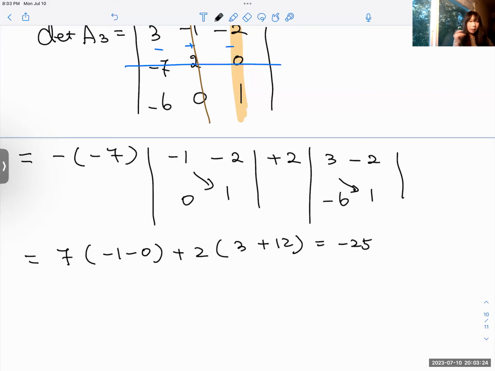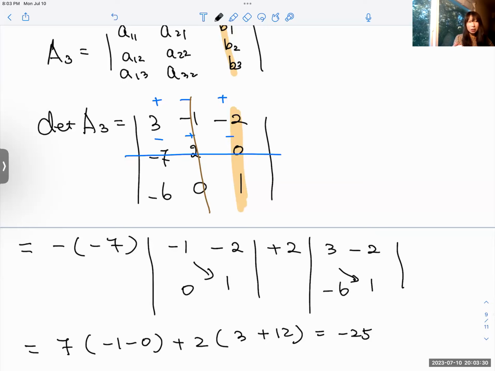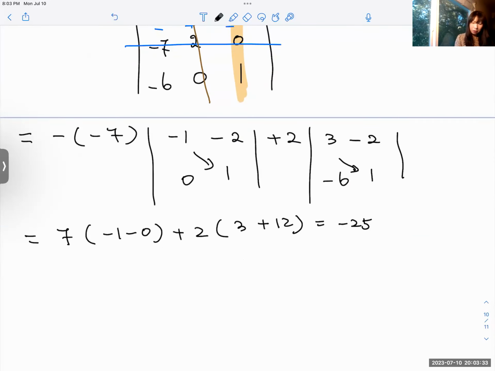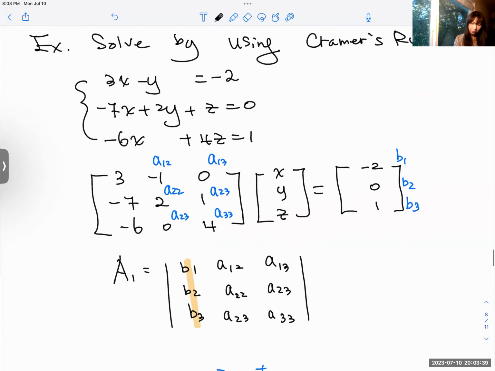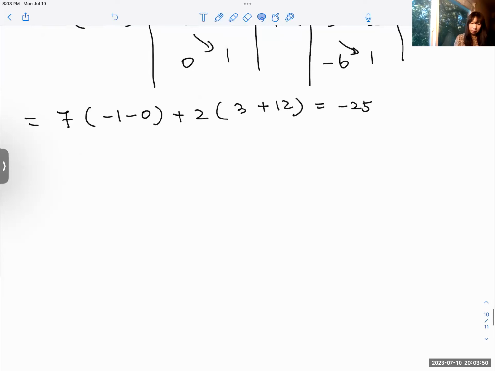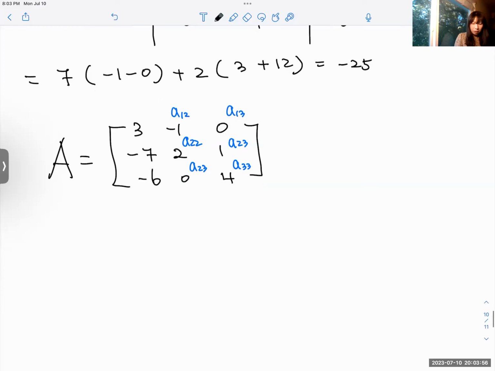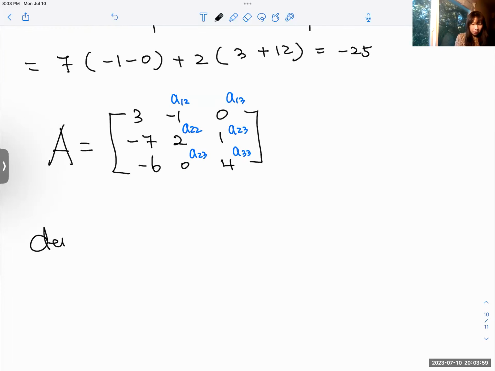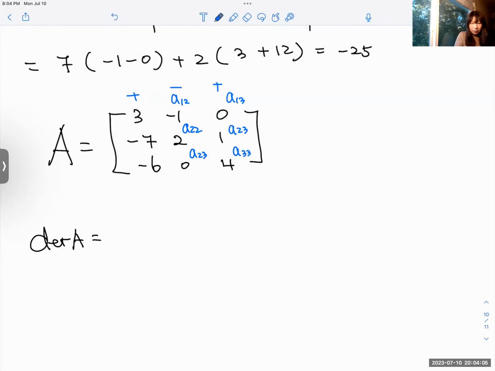Thank you very much. Okay, we found everything, right? But we need to find the determinant of A, right? So determinant of A, so we need A. It's A. Okay, so determinant of A, so positive, negative, positive.